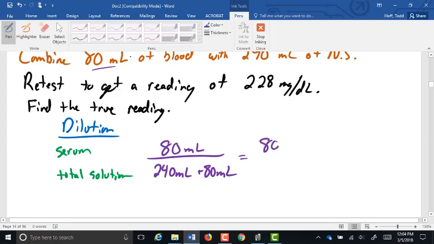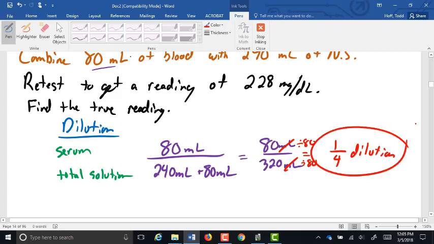So that ends up being 80 milliliters total over 320, the 240 plus 80 milliliters. So 80 milliliters of blood in 320 total milliliters, and we reduce both of those numbers, divide by 80 to give me a 1 in 4 dilution.